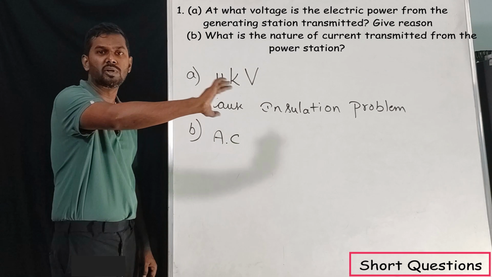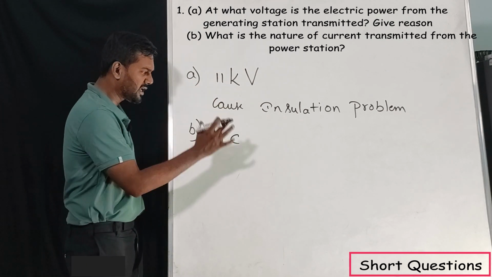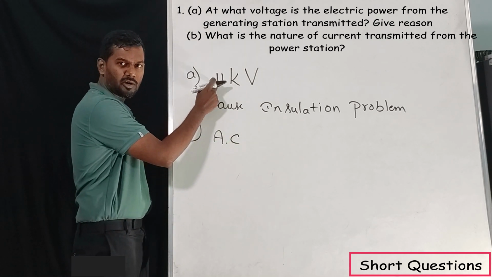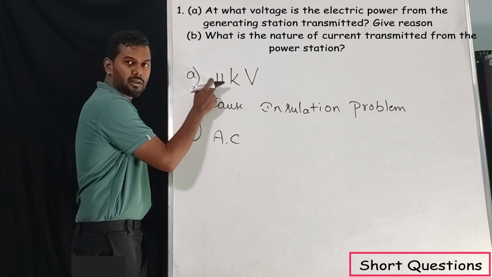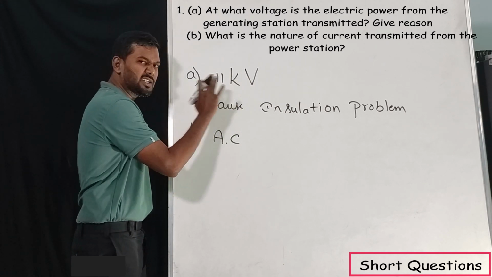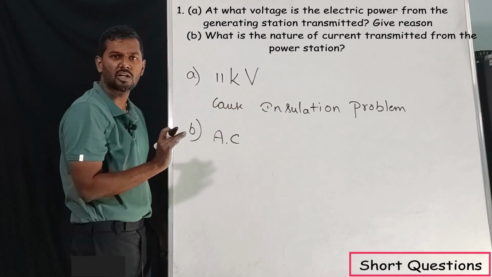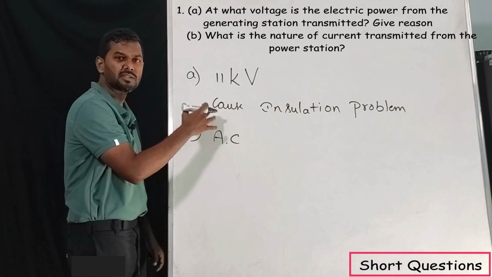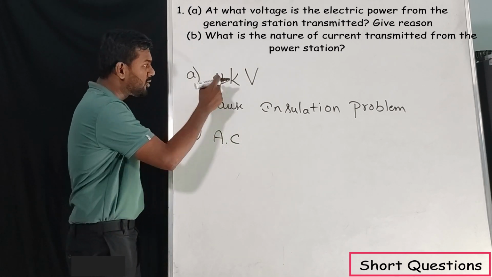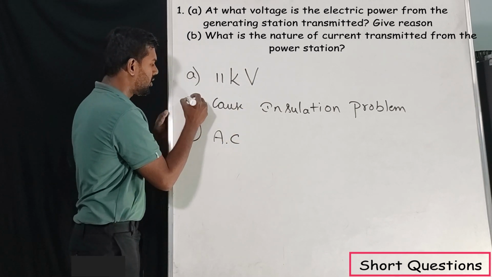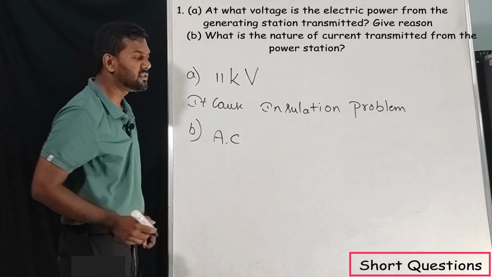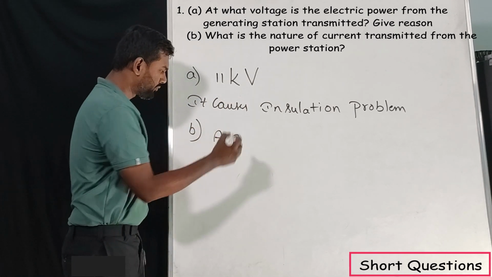So don't write stories in the exam, just the precise answer. What is the transmitted power in terms of voltage? 11 kV. That's it. You don't have to write it in the form of a sentence also. Then why can we not produce more than 11 kV? It causes an insulation problem.